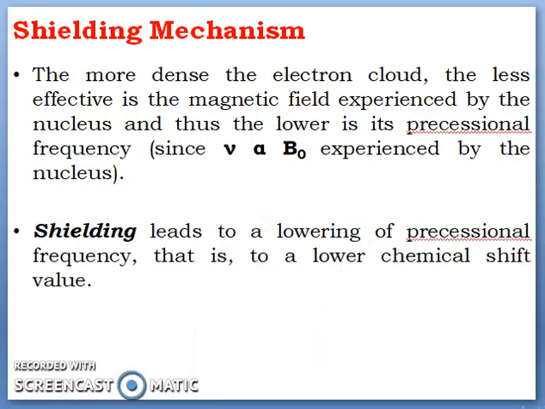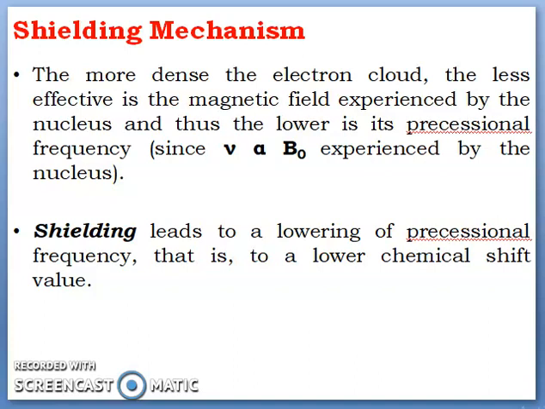If you look at the shielding mechanism, the denser the electron cloud, the less effective is the magnetic field experienced by the nucleus, and thus the lower is its precessional frequency.